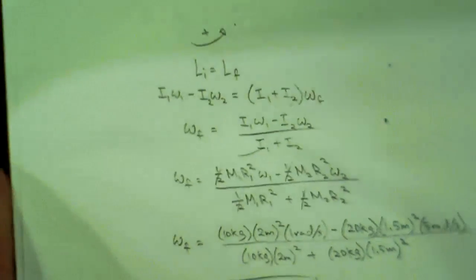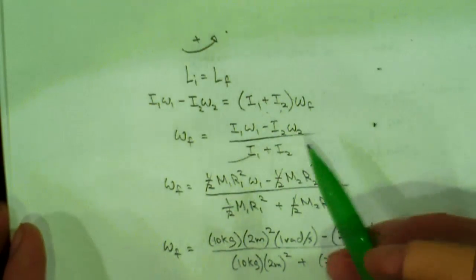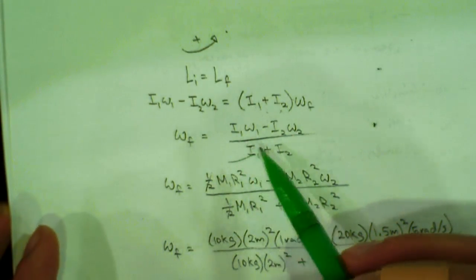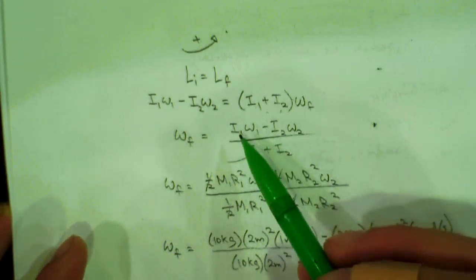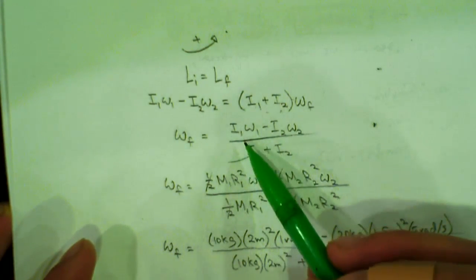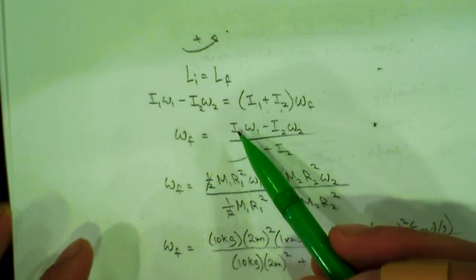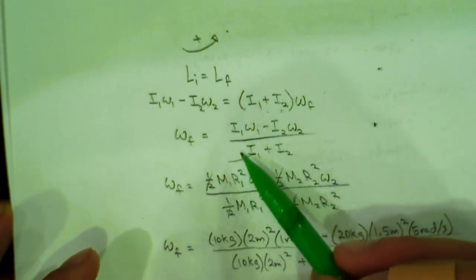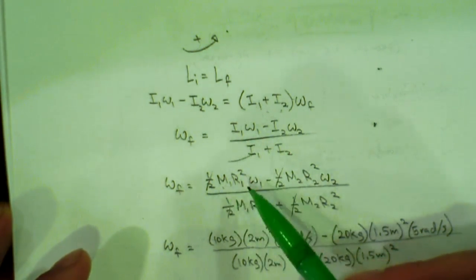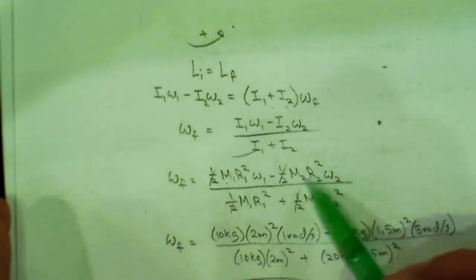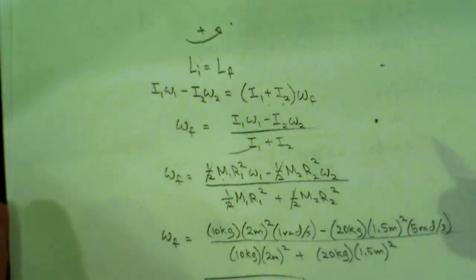So we need to replace all the I's with 1/2 mr squared, and we have to note that the 1/2 mr squared has to do with that specific object. So I1 has to do with the tortilla, so we need to use the mass of the tortilla and the radius of the tortilla. And then same with the arepa over here. All right?